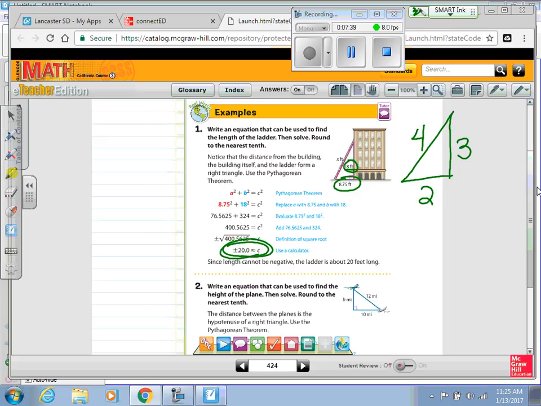The reason is that the legs are shorter than the hypotenuse of 4. But if I were to add the legs, the sum of the legs is larger than the hypotenuse. And for those two reasons, we are looking at a right triangle.